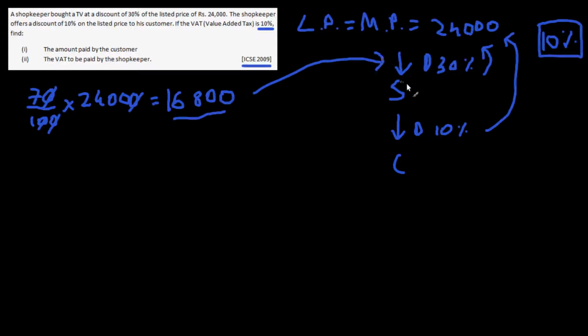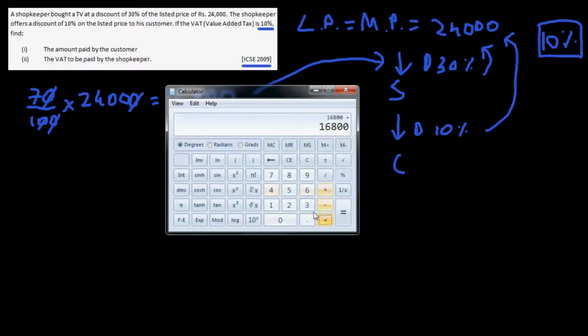Now he's offering it for a 10% discount. Oh, wait, sorry, I forgot about the 10% tax. There's a 10% tax, so first we found out the discount, and now there's a 10% tax on it. And you can directly tell that the 10% of 16,800 will be 1680. So just add a 1680.